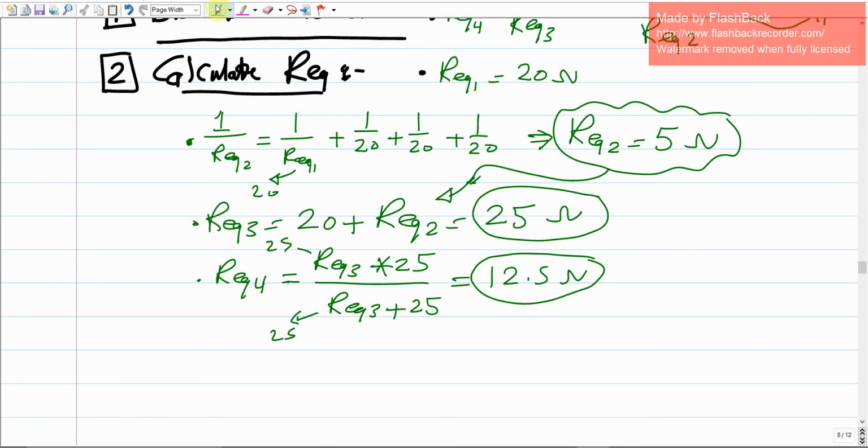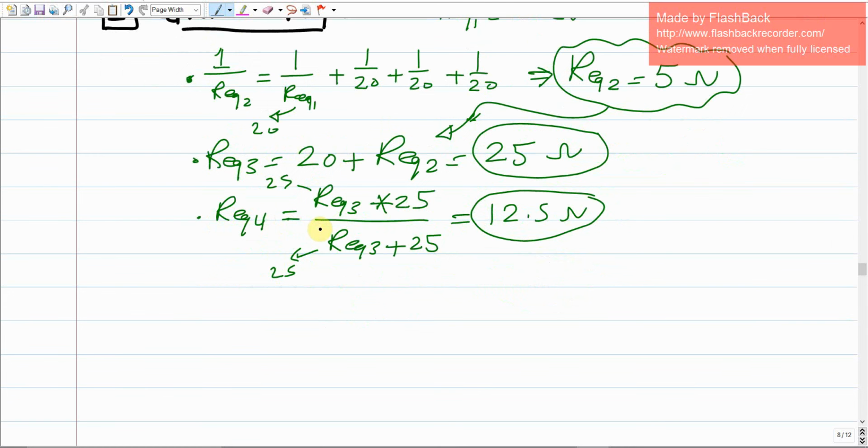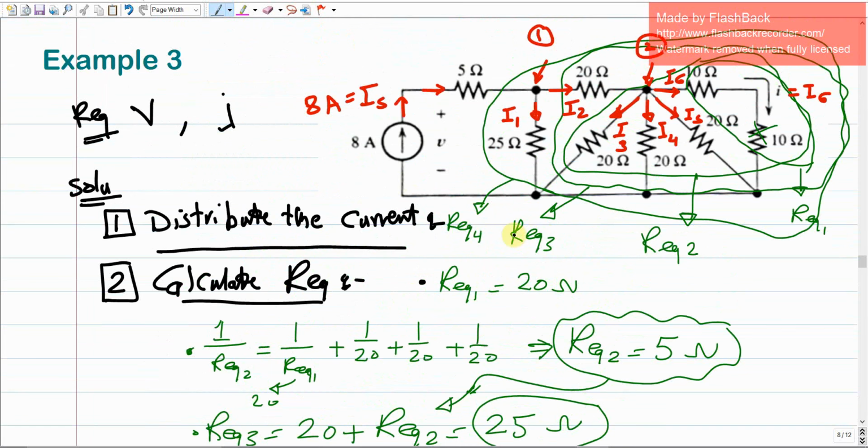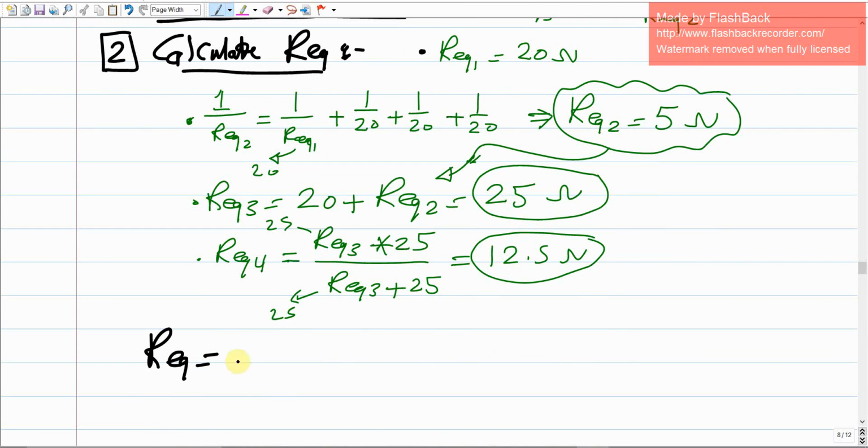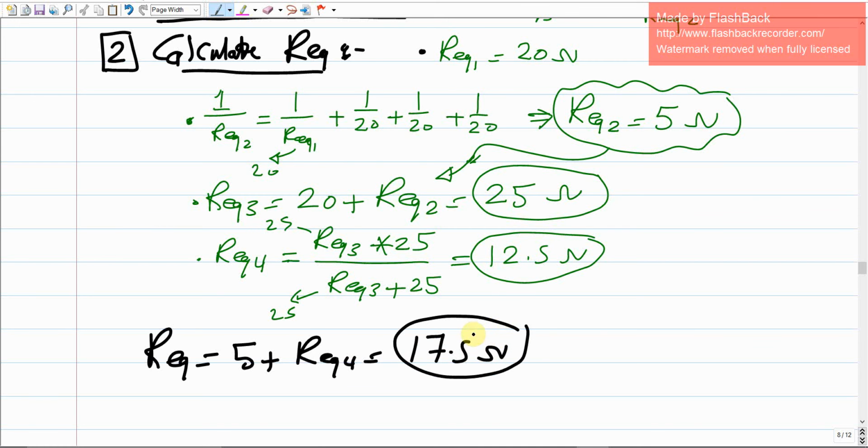Then simply we can calculate the overall R equivalent, which is going to be R equivalent 4 plus the 5. So it's going to be the 5 ohms plus the R equivalent 4, which gives 17.5 ohms. Make sense? This is for step 2.